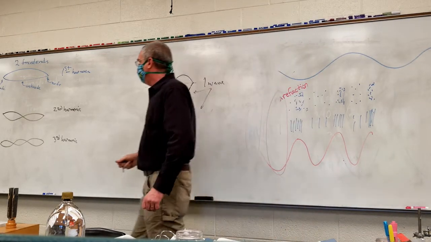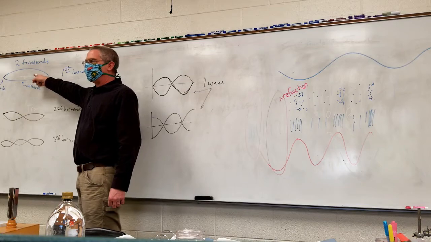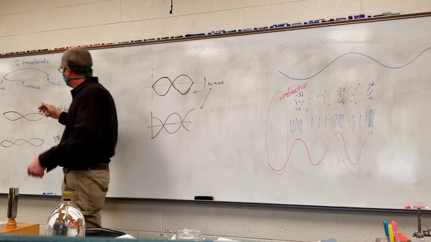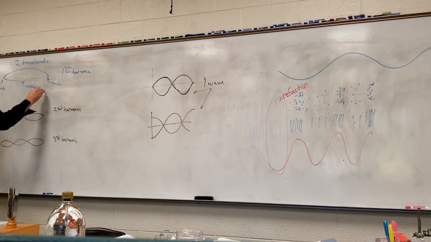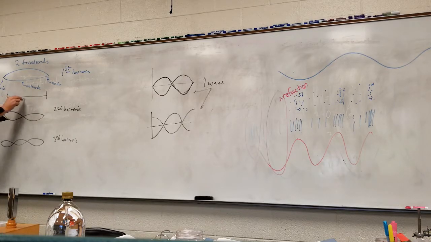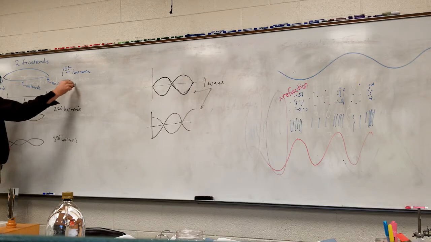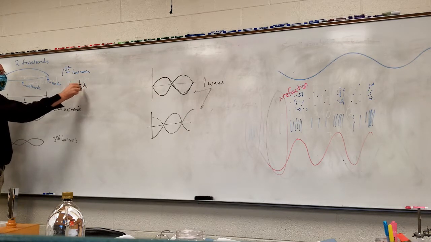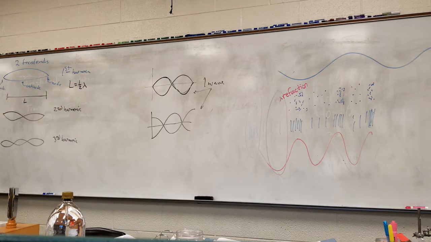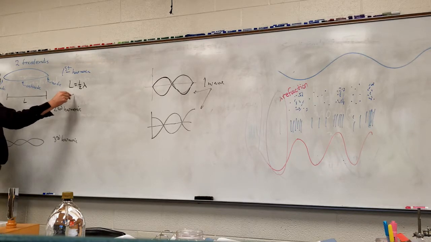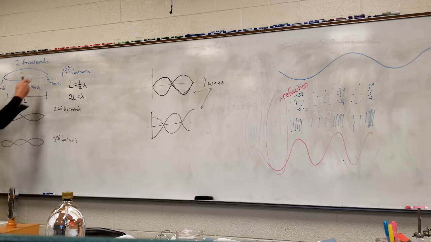So, how many waves is this? If I say that the distance between my two ends is L, the length, L is equal to half of a wave, or half a wavelength. Or multiplying both sides by 2, the wavelength would just be 2 times whatever that distance is.